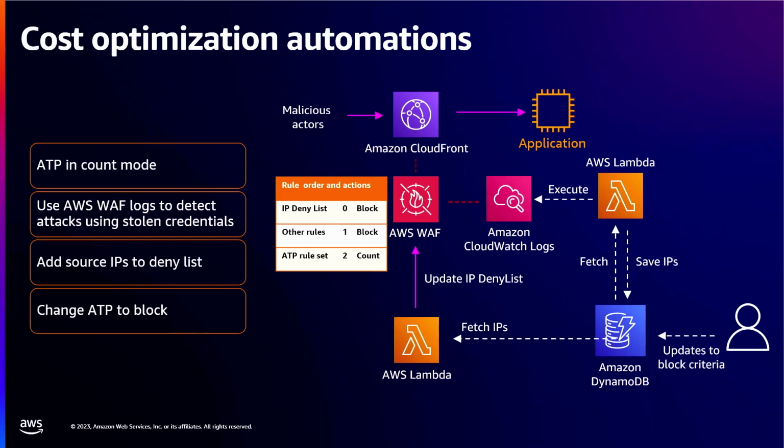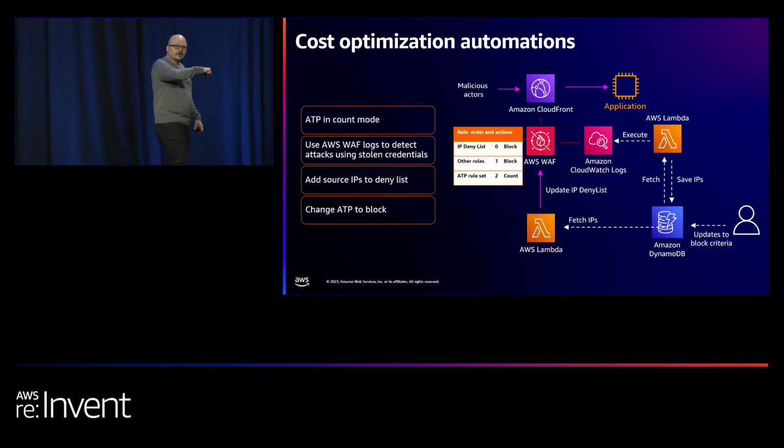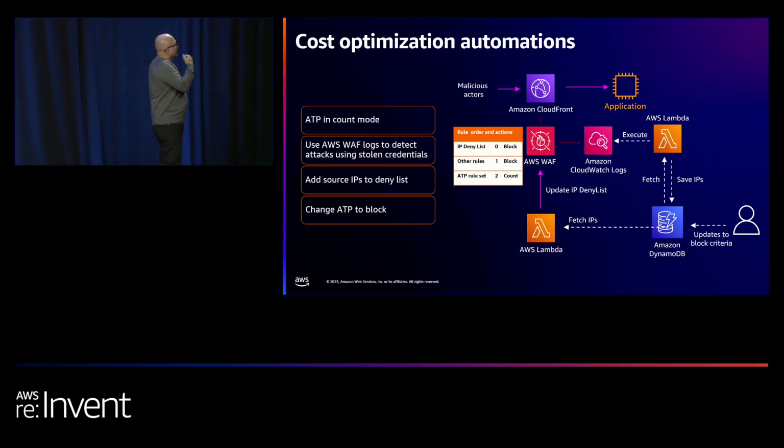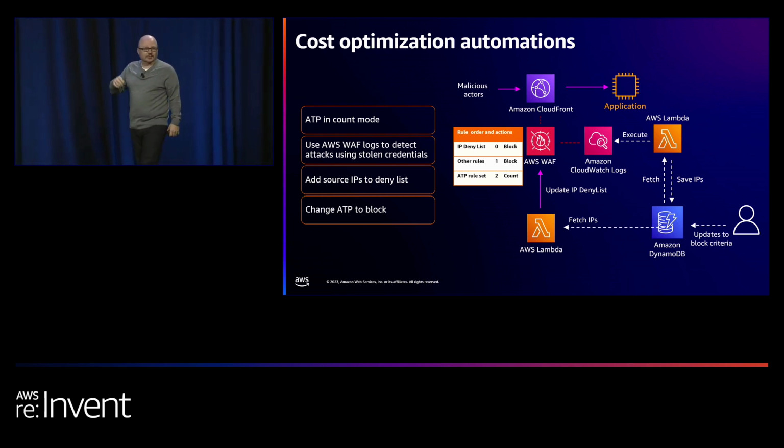In this case, they came up with an optimized solution around running the rule in count mode. Once they saw a tick up in count mode, they knew that there was a spike in account takeover traffic. They switched it over to block, and then they added source IPs to a deny list with a TTL.